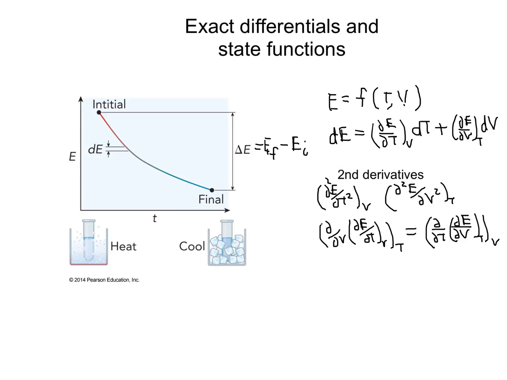For an exact differential, the order of differentiation does not matter. I can take it with respect to volume first and then temperature, and that will be equal to taking the derivative with respect to temperature and then with respect to volume. This is going to come in very handy because it's going to allow us to determine a number of useful expressions.